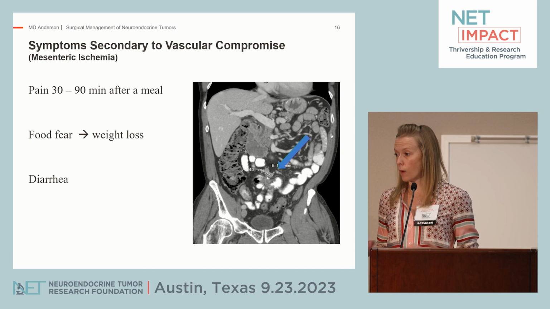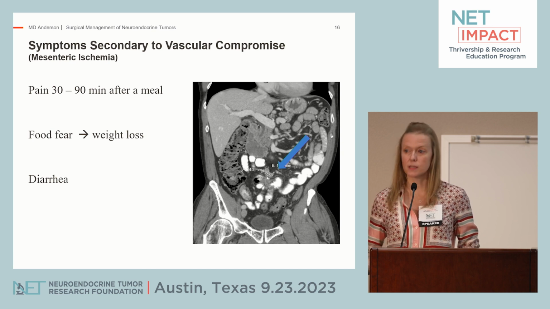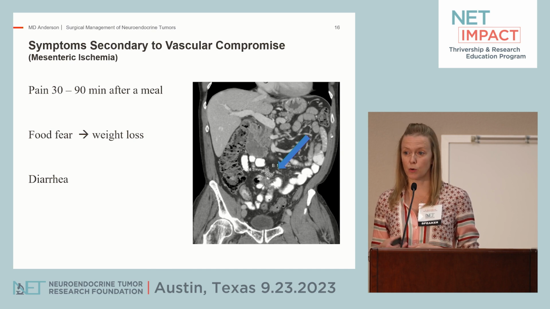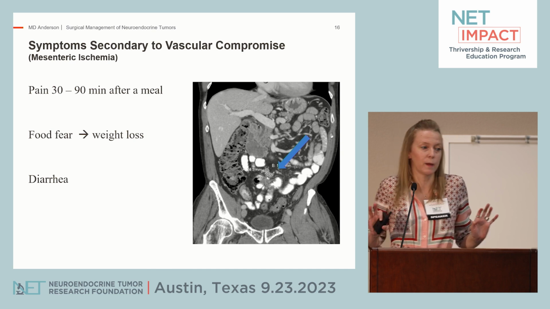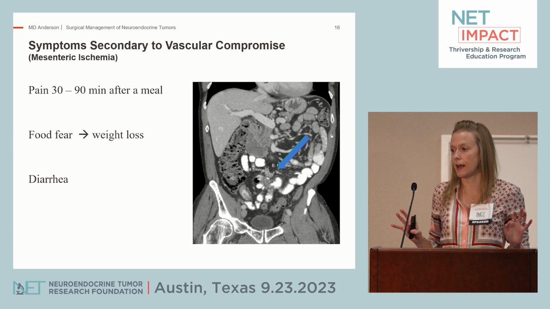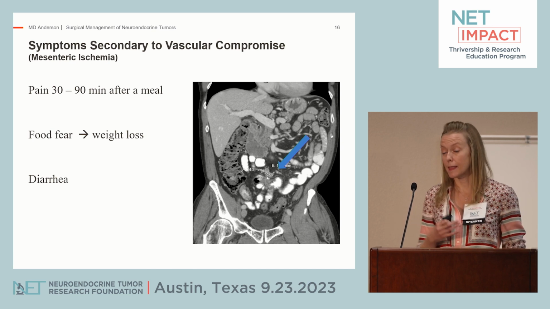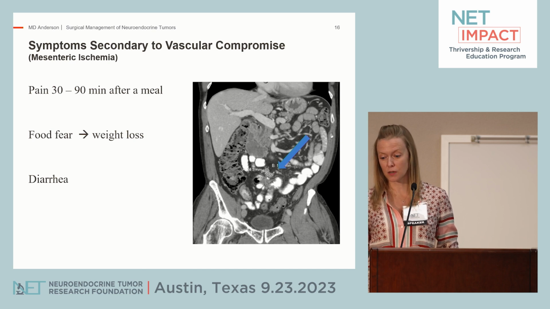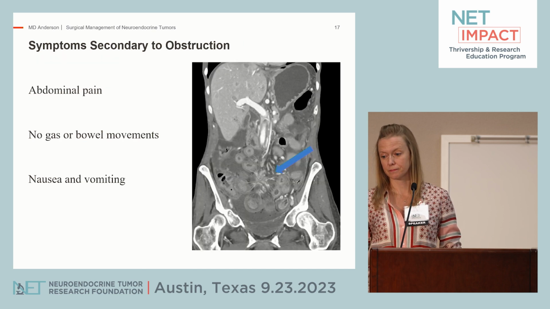That will typically go away with time, but as the frequency of that pain and the severity of that pain increases, a lot of patients will develop what we call food fear, meaning they'll just stop eating because it's too miserable to take in anything because it just hurts. That can lead to weight loss, and that's really debilitating for a lot of patients. And of course, often this is accompanied by diarrhea.